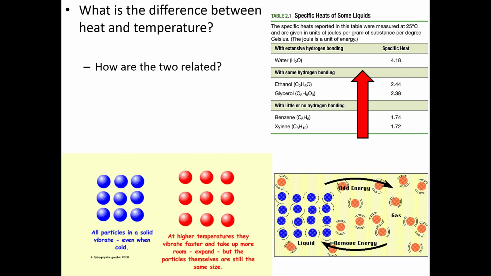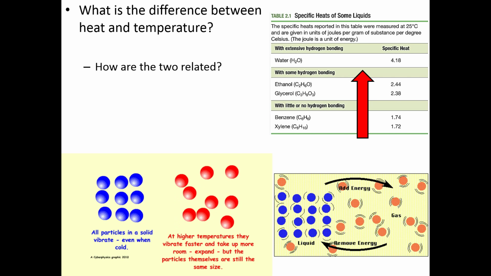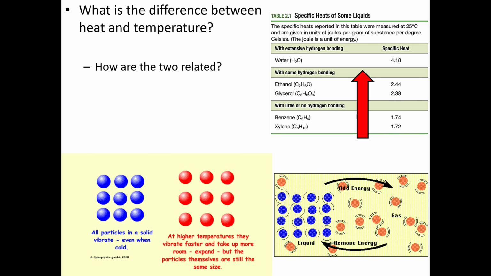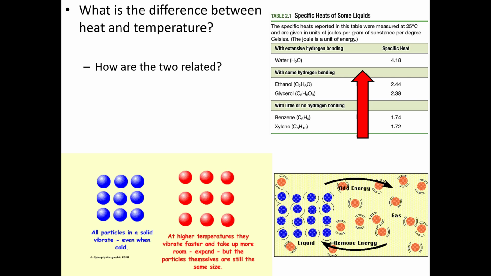So, you talk about specific heat. Specific heat has to do with the amount of energy that's needed to break chemical bonds.